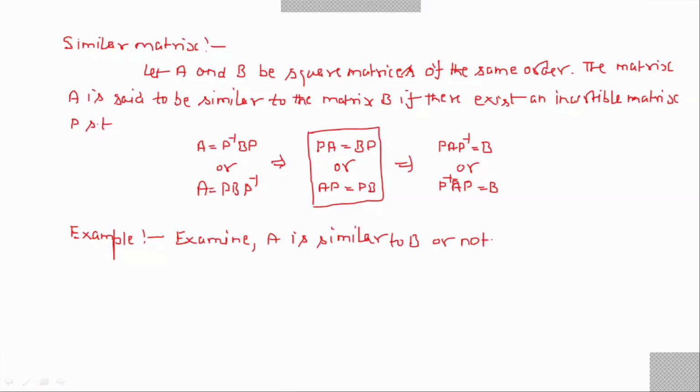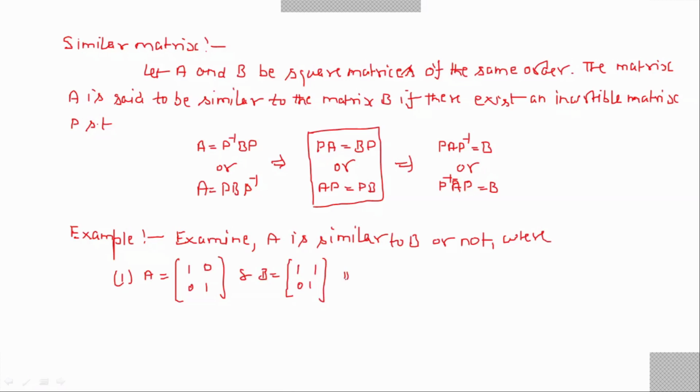What are the A and B matrices? In the first part, the A matrix is 1 0 0 1, and the B matrix is 1 1 0 1.